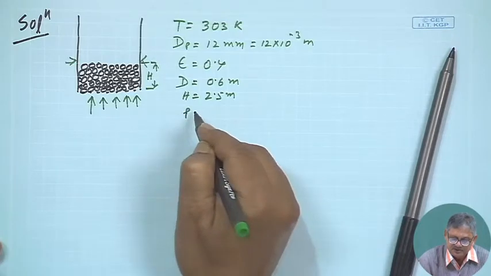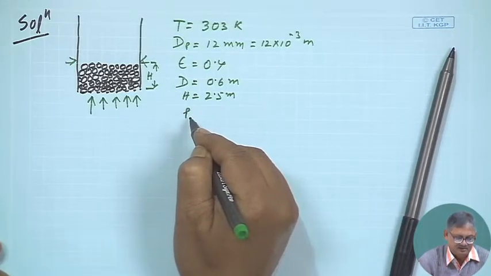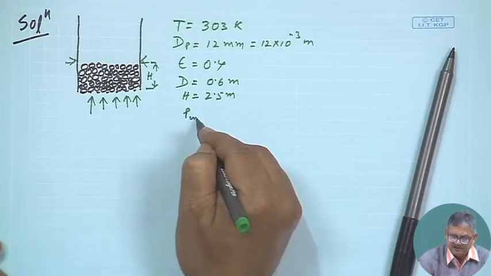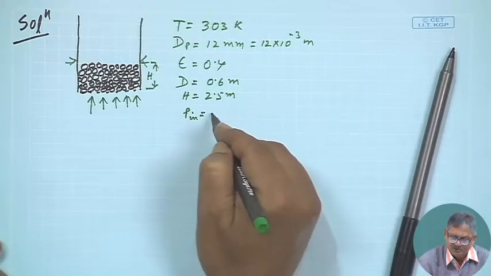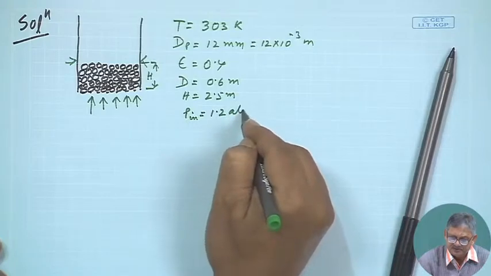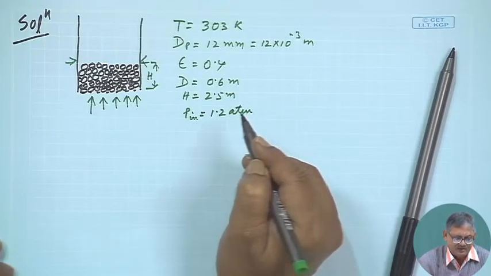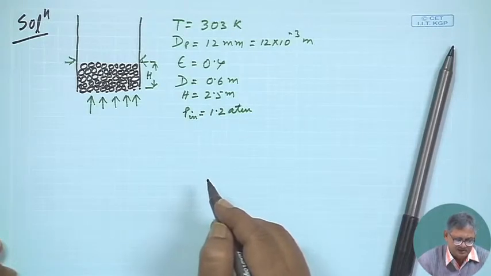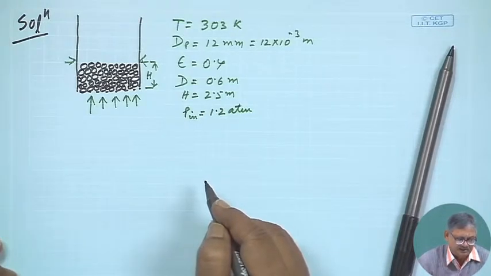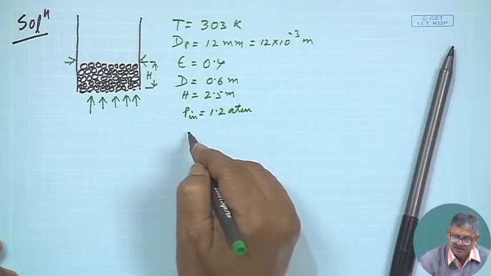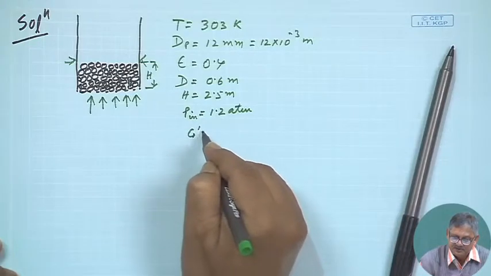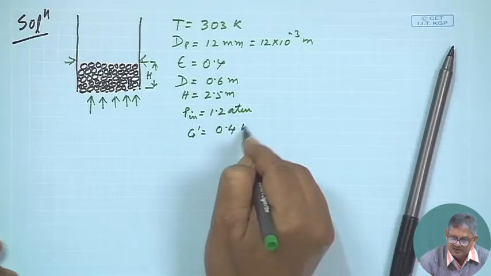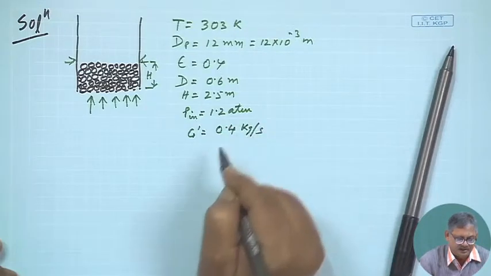So the pressure at the bed inlet is equal to 1.2 atmosphere, right, and the flow rate is given as 0.4 kg per second.